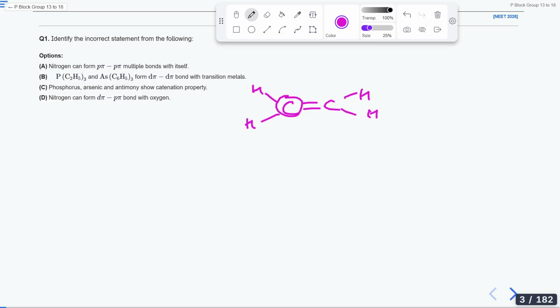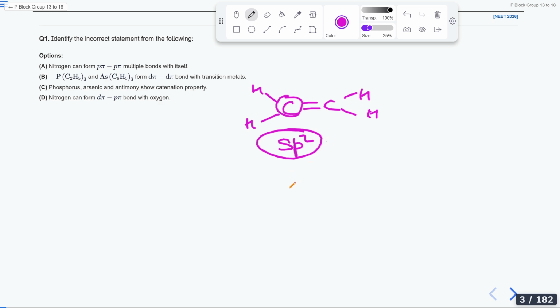Now, if the hybridization is sp2, then how many p orbitals are left unhybridized? If sp2 is the hybridization, how many p orbitals are left?